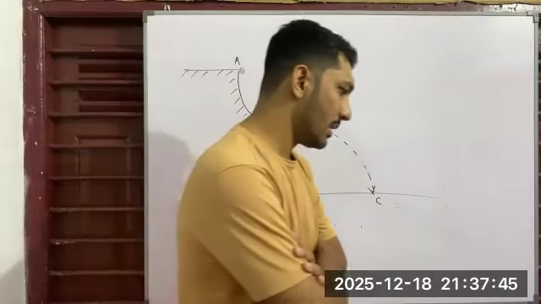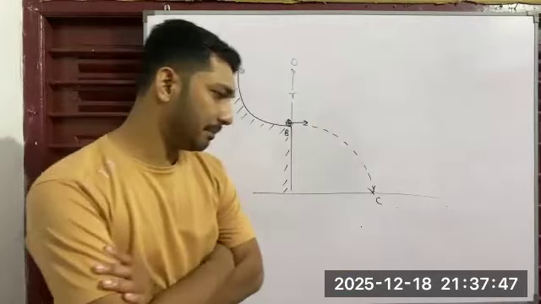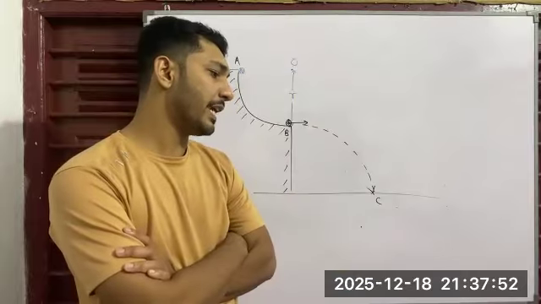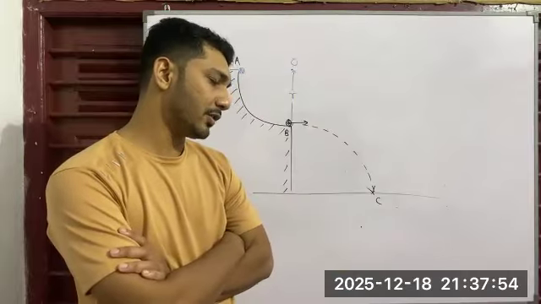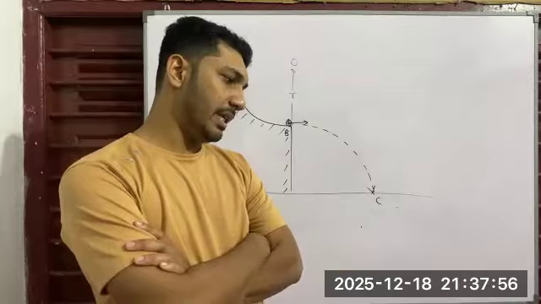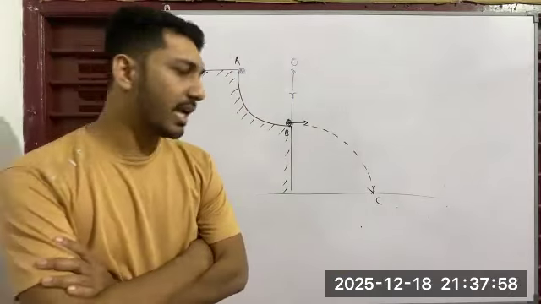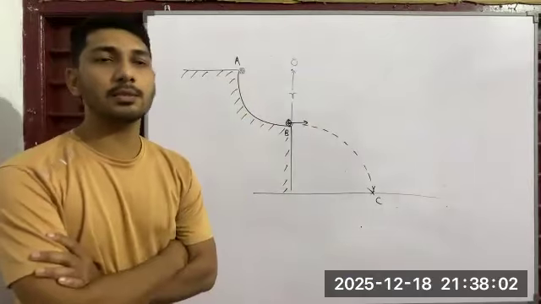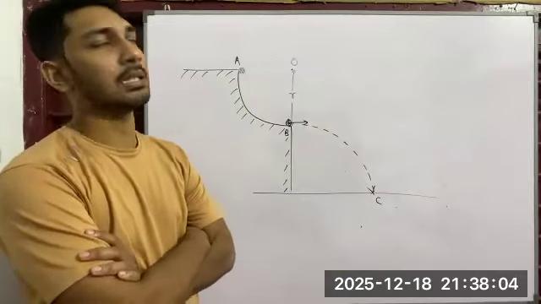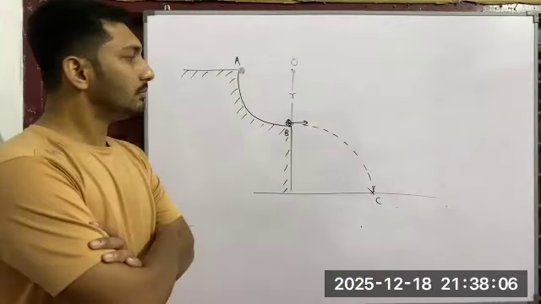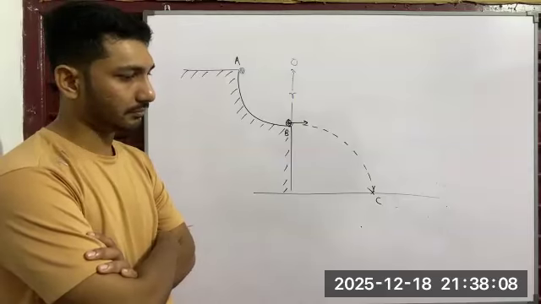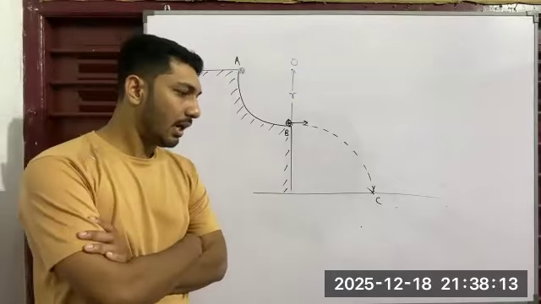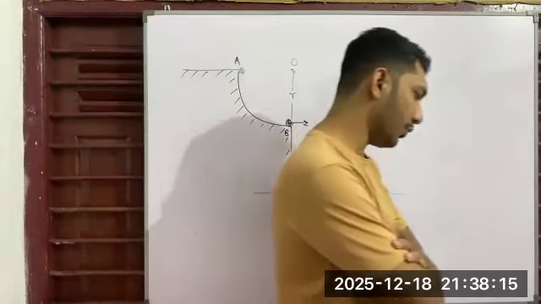Now, the times taken and distances traveled by the sphere from A to B and B to C are TAB, TBC, and SAB, SBC respectively. Distances means you measure the total length, and the time taken. Which of the following is true?